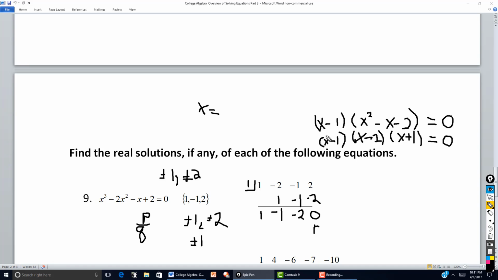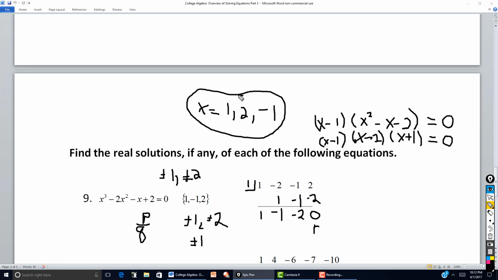This one, set it equal to 0, that's going to give me a 1. The x minus 2, set it equal to 0, that'll give me a 2. And the x plus 1, set it equal to 0, solve, and I get a negative 1. So those are the 3 solutions. I have it in a solution set there, but I'll just write it as x equal to 1, 2, and negative 1.